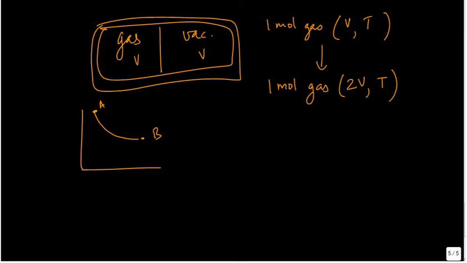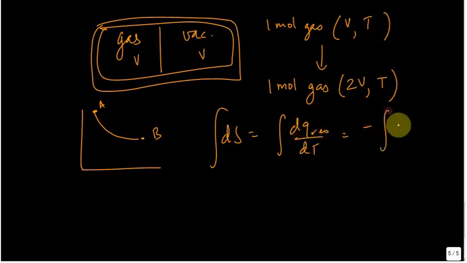If I do that, you can as well calculate what the heat is. All I need to do is dS equals minus dW reversible by T. dW is again PdV.